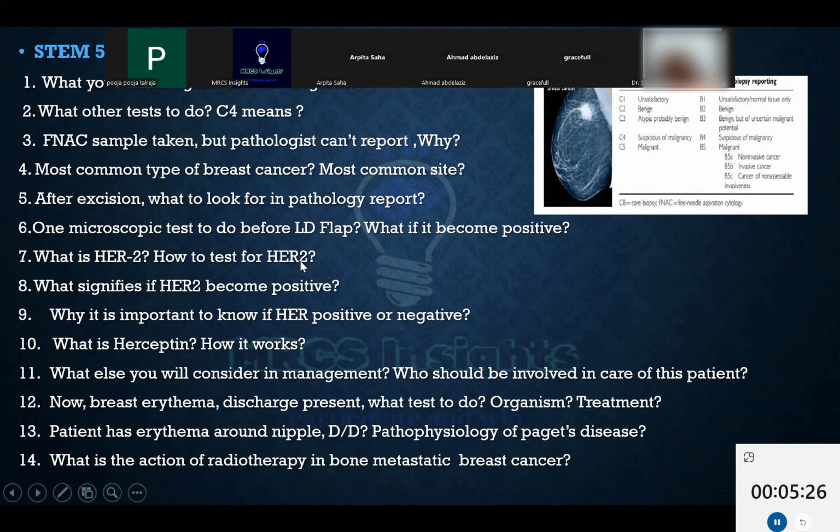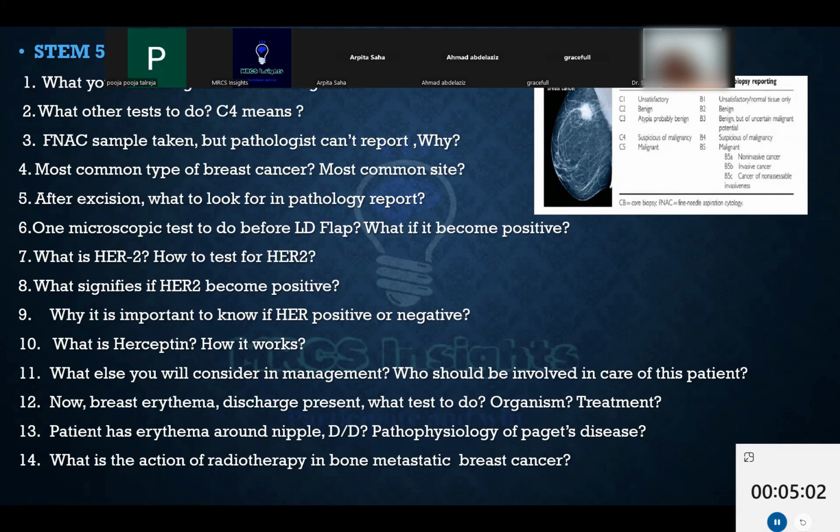What are the investigations? For this, immunohistochemistry is done. I think imatinib is given, and that binds with this receptor. Okay, that is for treatment purposes.